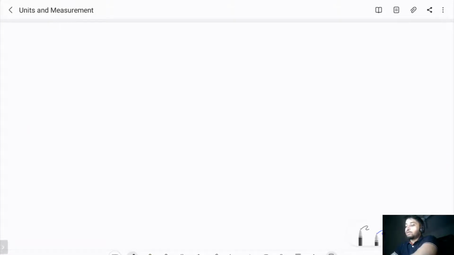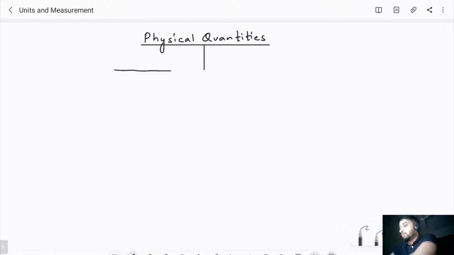Next we'll talk about physical quantities. Physical quantities in general have been divided into two types.